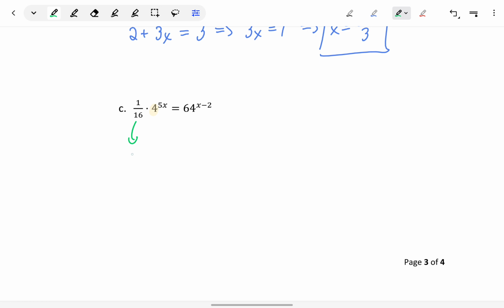We can rewrite 1 over 16 as 1 over 4 squared, which will be multiplied by 4 to the 5x power, set equal to, now we have 64. Again, we might need some experimentation, but we can rewrite 64 as 4 to the 3rd power.